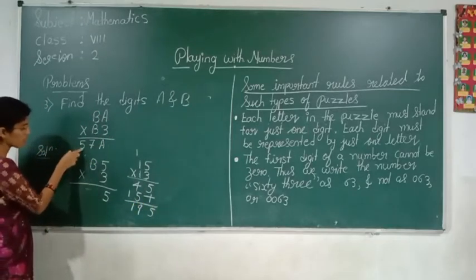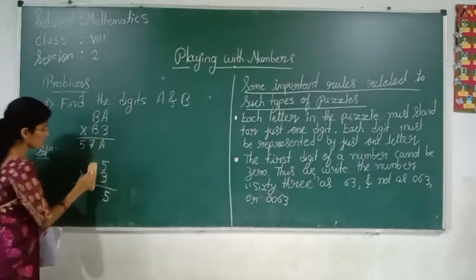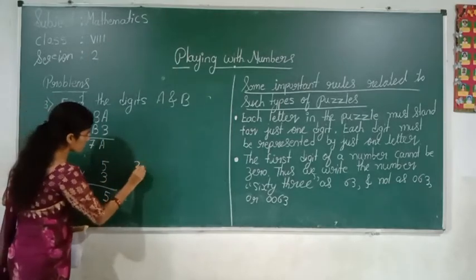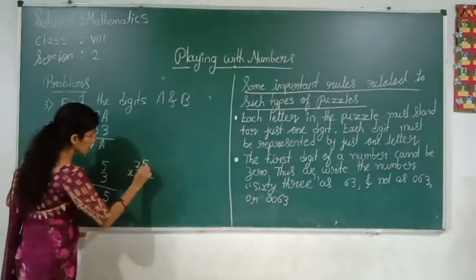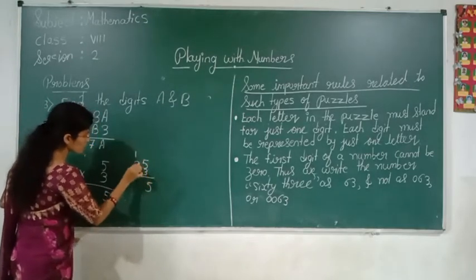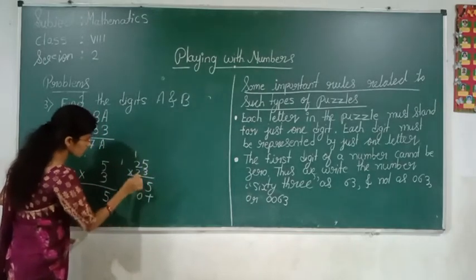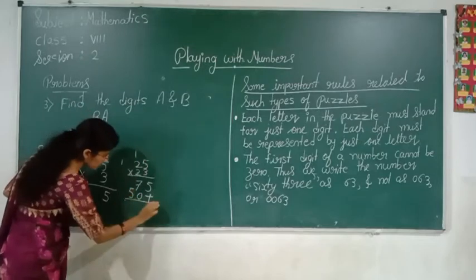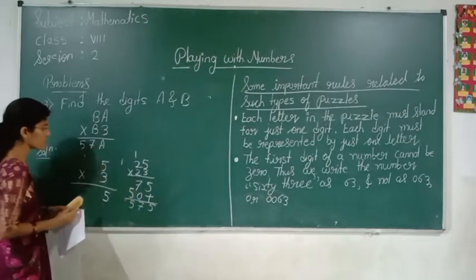But I want 575. Go for 2. 2 5 into 2 3. 5 3s are 15. 3 2s are 6, 7. 5 2s are 10. 2 2s are 4, 5. If I add this, 575. Yes, this is working.